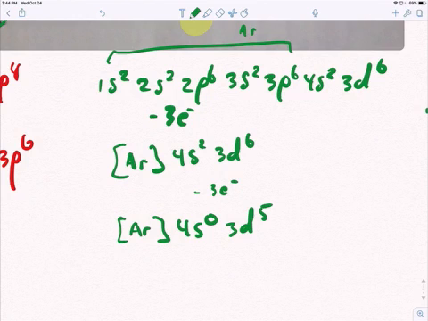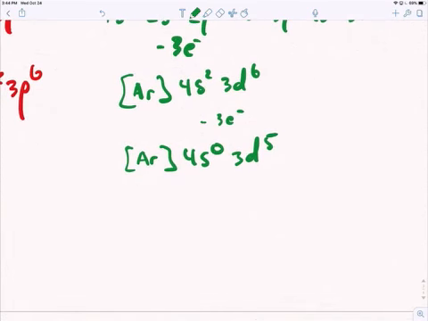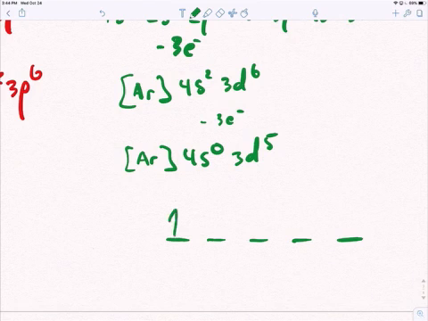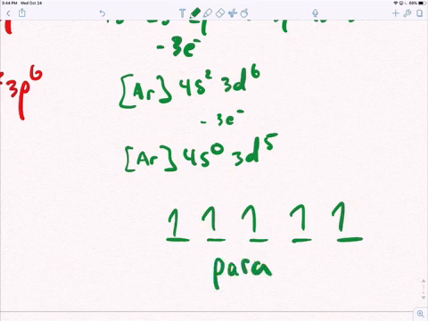Removing the electrons from the highest end, 4 is bigger than 3, so electrons are removed from there first. There are 5 d electrons, 5 orbitals, 5 electrons, all parallel. Because of this, iron plus 3 is very paramagnetic.